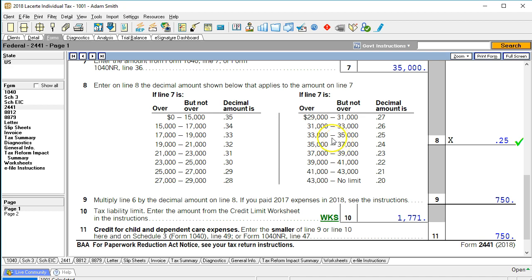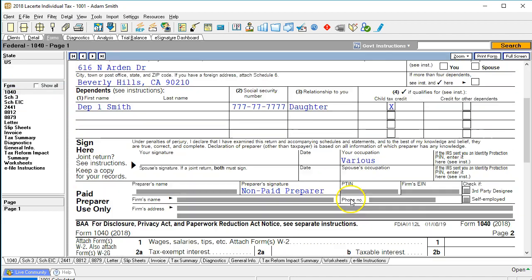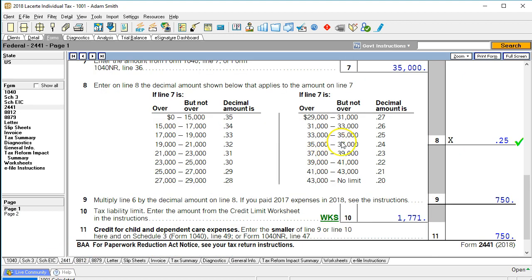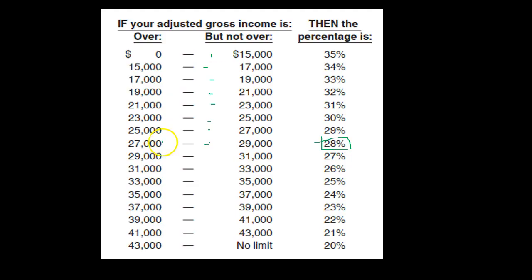We're between 33,000 and 35,000, therefore 0.25, 25% is what we use because our AGI was right at that 35,000. Also note we're right on the line here of the 35,000 for the 25% or 35,000 on the lower limit for the 24%, and the software is picking up the 25% in that case where we're right on the line at that limit, 35,000.